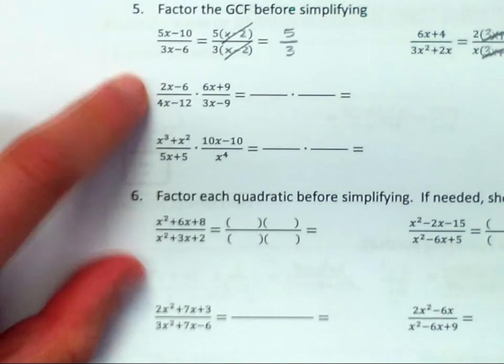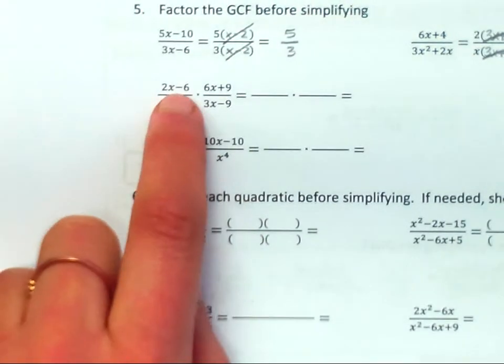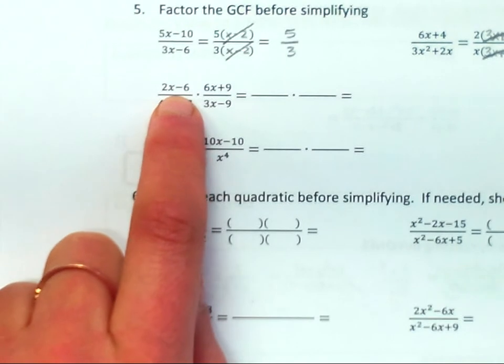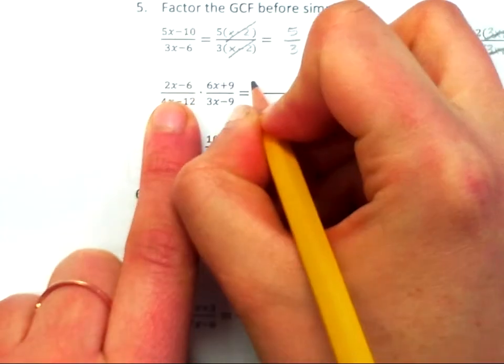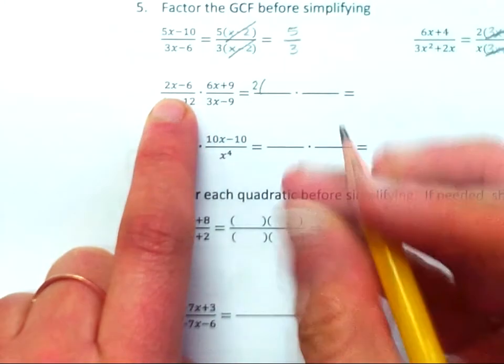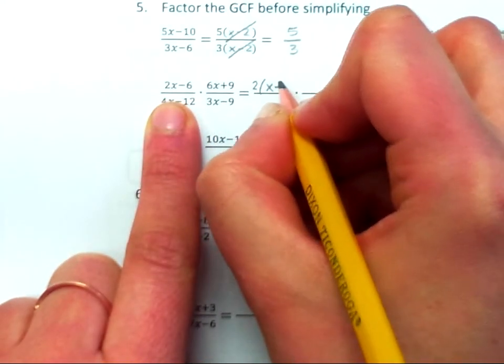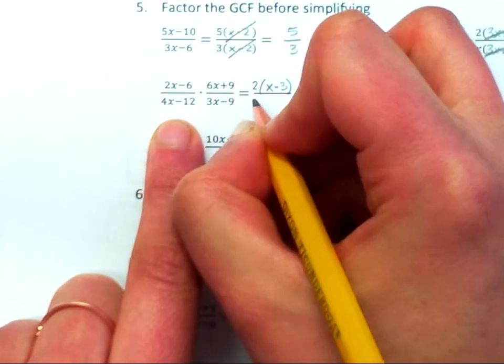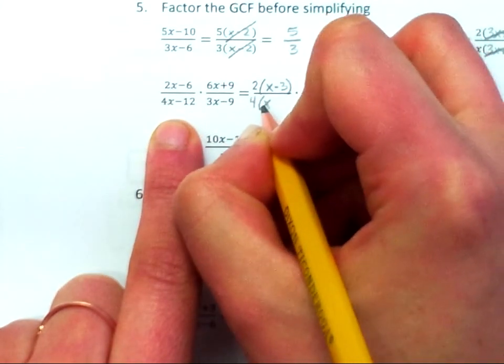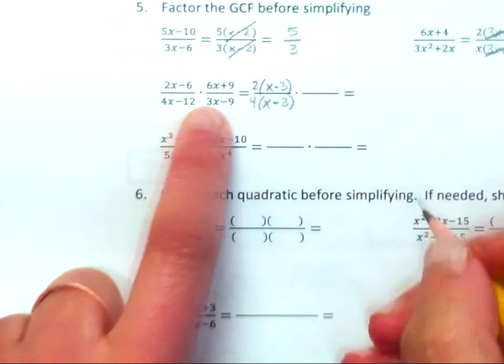Okay. Looking for a GCF in every numerator and every denominator. So this one has a GCF of 2, and the remaining factor would be x minus 3. Moving to the bottom, this has a GCF of 4, and the remaining factor is x minus 3.